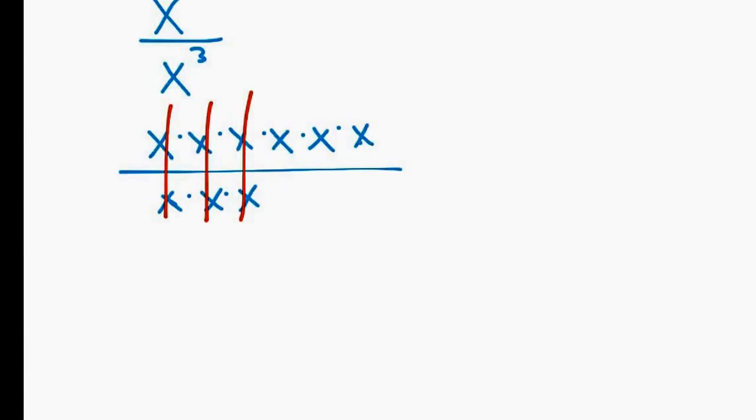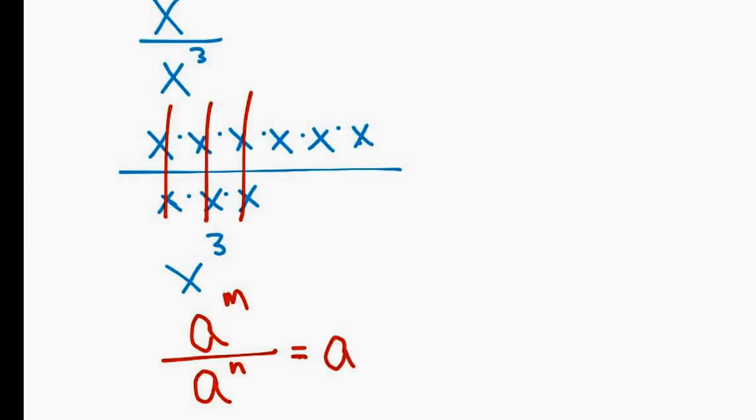If you have the same factor in the numerator and denominator, you can cancel it. Well, I can cancel 3 from the top and bottom, but then I'm left with 3 on top, so it turns out that the answer is x to the 3rd. Because the property says if you divide 2 exponential terms with the same base, you can simplify them by subtracting the exponents.